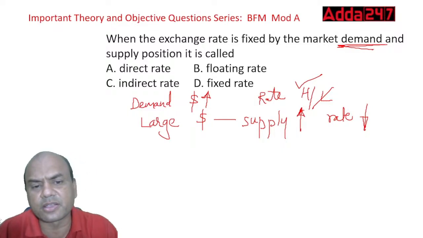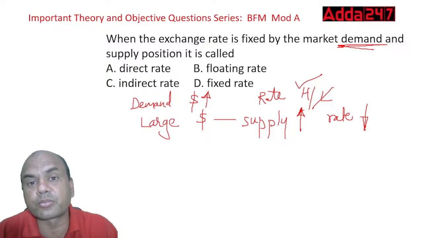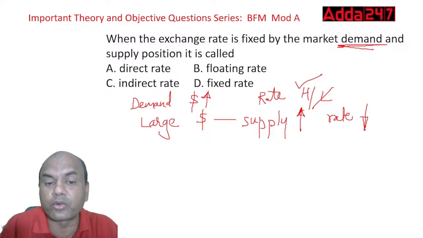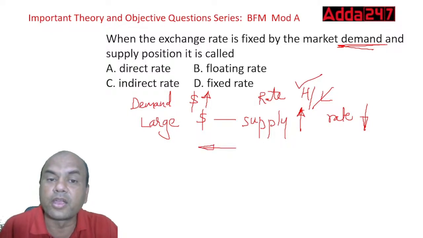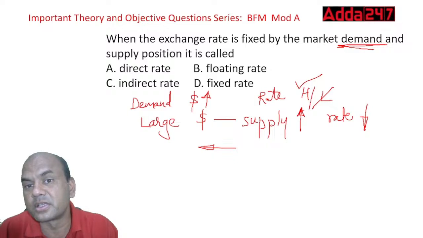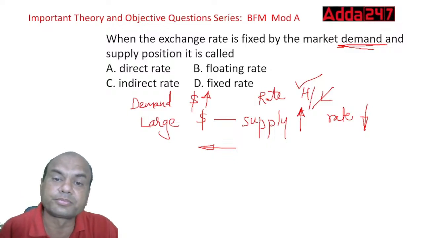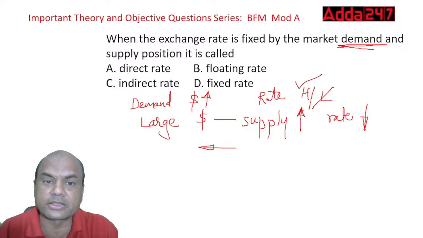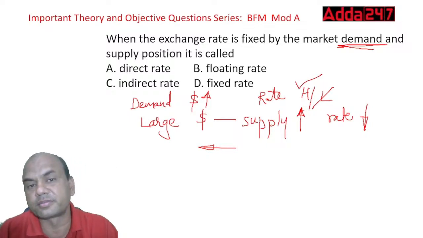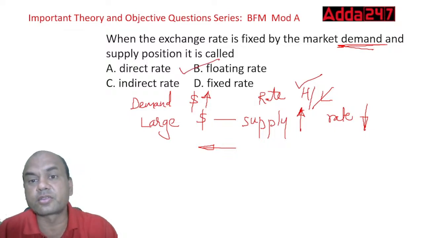And vice versa. If all the investors are moving out of the country, so dollars are moving out, then there is less supply of dollars in this country. Then the rate will go up. So what is this called as actually? Whenever it's decided by this demand and supply position, it is called as what? Direct, floating, indirect or fixed rate? It is called as floating rate. Correct?